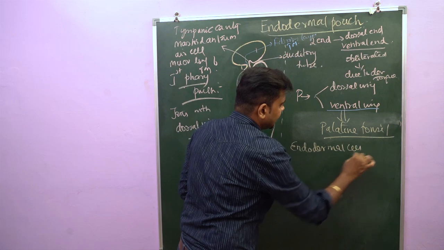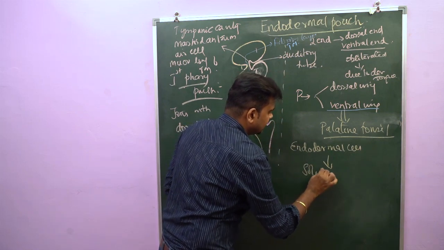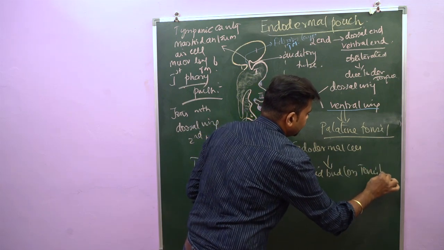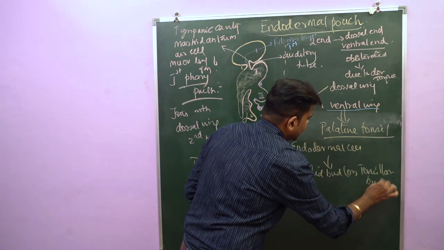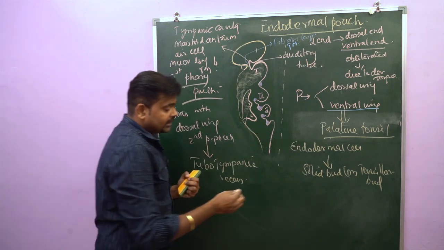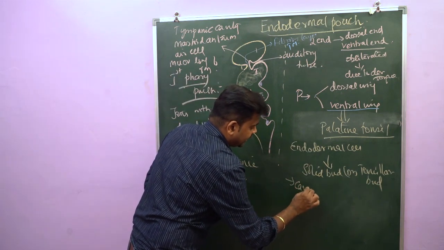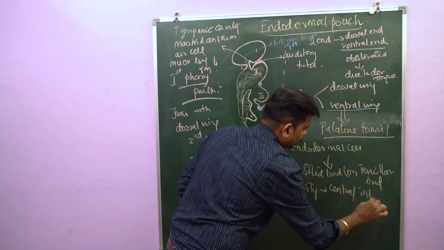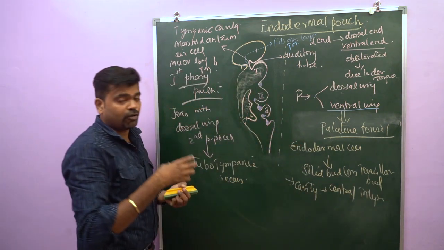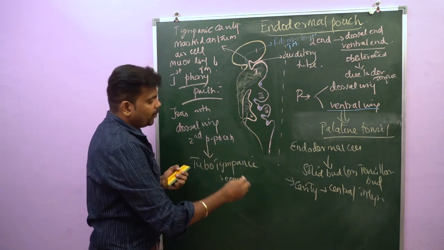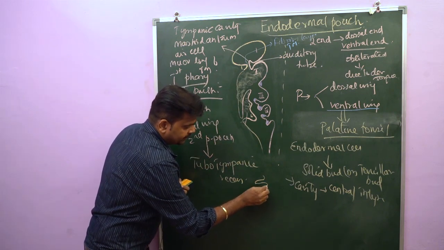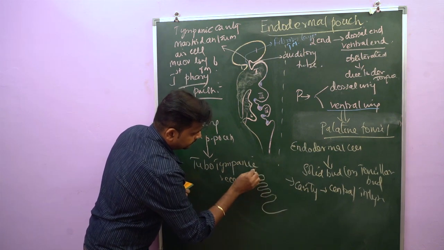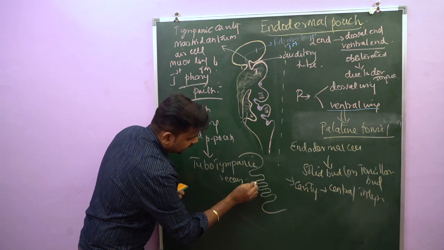These endodermal cells are converted into solid buds, or tonsillar buds. Initially there is formation of a tonsillar bud. Later, a cavity forms by central disintegration of cells. So after formation of the tonsillar buds, there will be a central cavity within the bud, which leads to the formation of crypts.